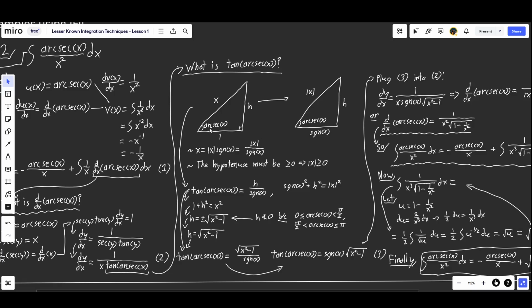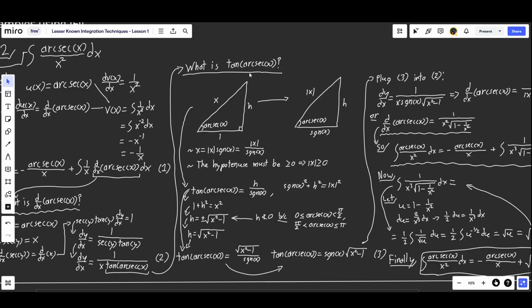Secant of x is a function that takes in an angle and outputs the ratio between the hypotenuse of a right triangle and the side adjacent to the angle of the right triangle. Arcsecant of x, conversely, takes the ratio between the hypotenuse and the adjacent side and outputs the angle between them.